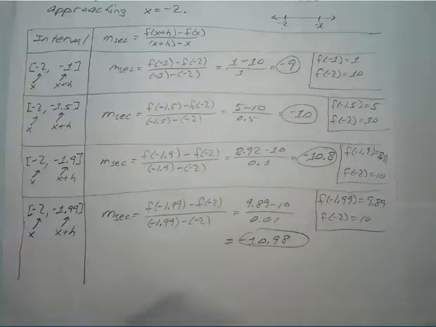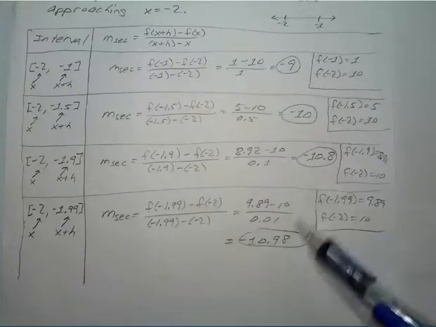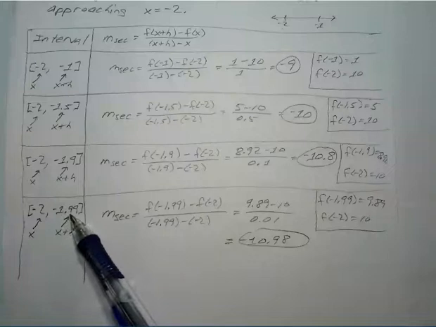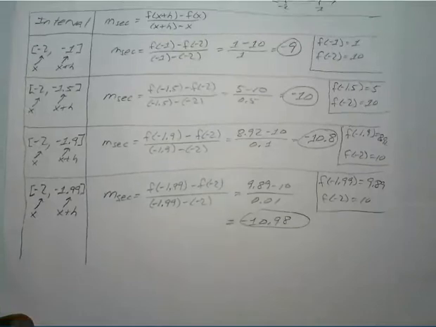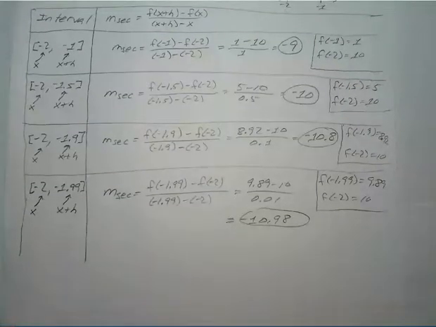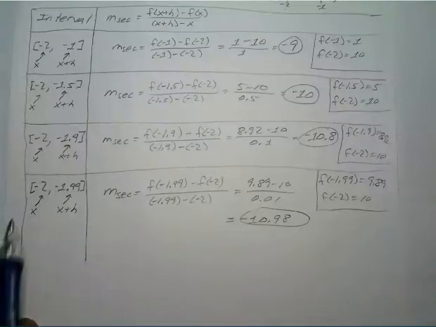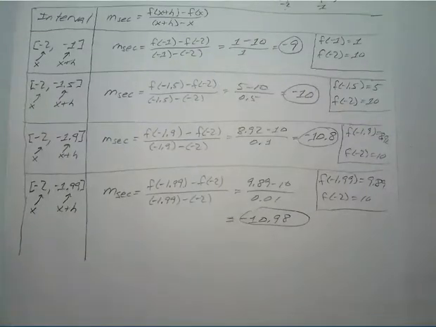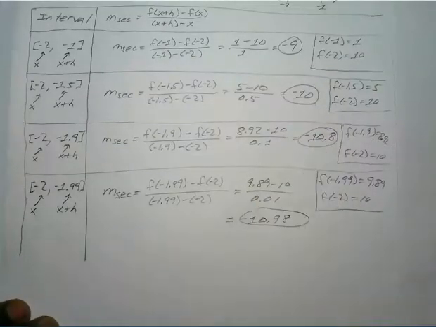Okay, so you can see here that as you get closer and closer, and if you put in negative 1.9999 and did the same thing, you just keep getting closer and closer and closer to negative 11. Okay, so as these two, your x and x plus h, get closer together, your instantaneous rate of change, you can actually estimate it to be negative 11, just by the pattern that you see here.